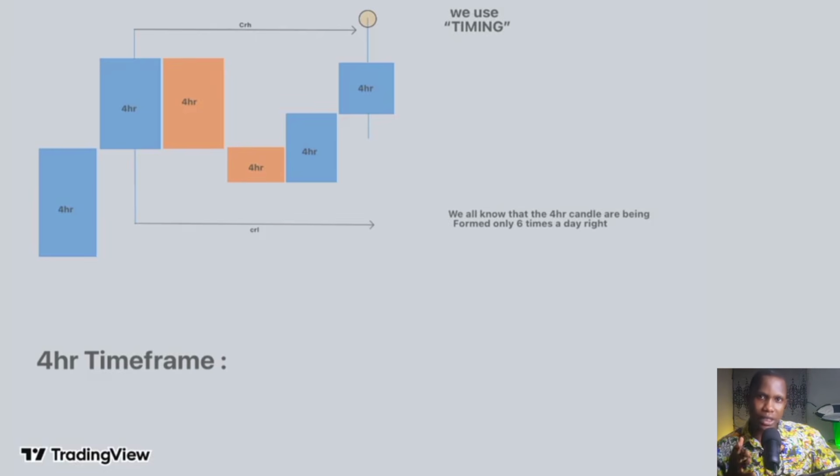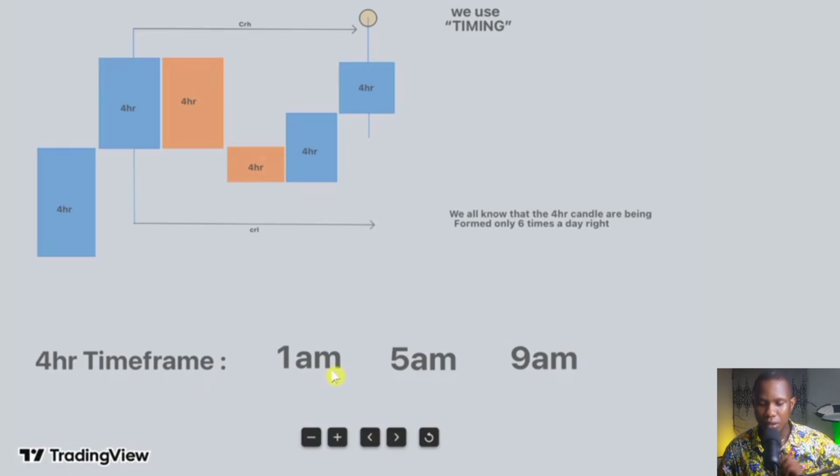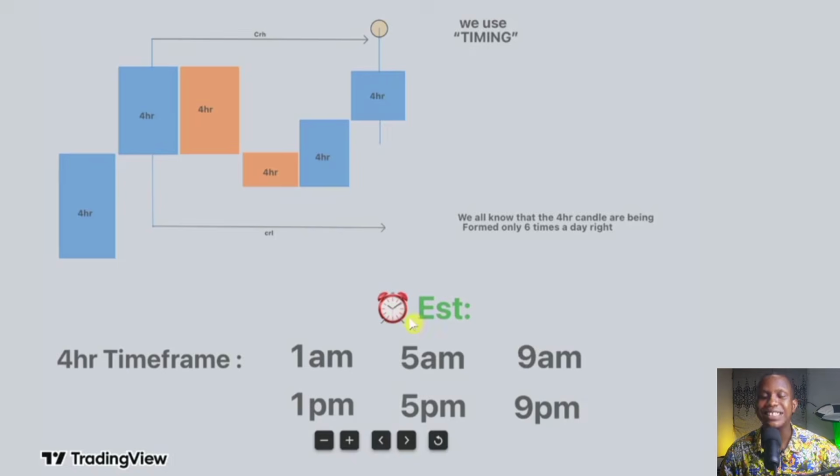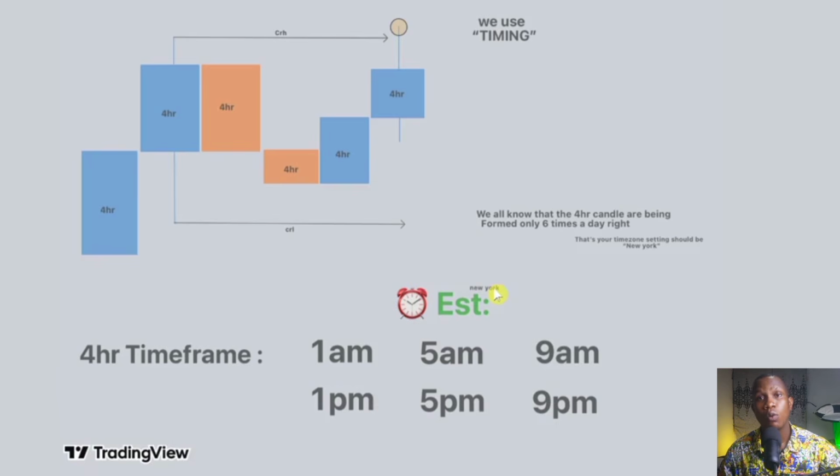In our 4-hour time frame, go to your 4-hour time frame, you notice that 4-hour candles are only formed 6 times a day in the markets, right? They are formed at 1 a.m., 5 a.m., 9 a.m., 1 p.m., 5 p.m., 9 p.m. Eastern Standard Time. When making your settings, you make it New York.